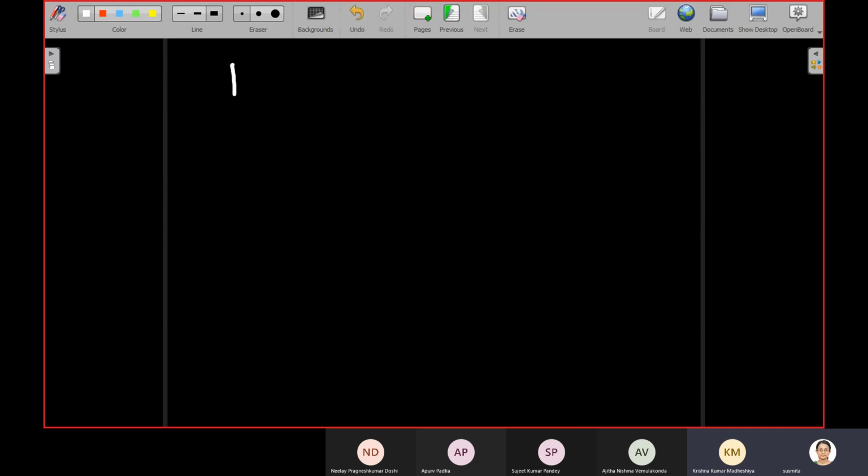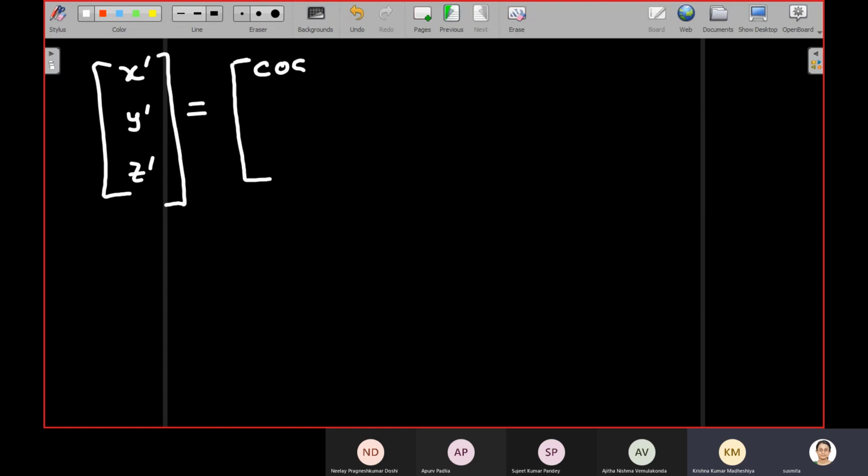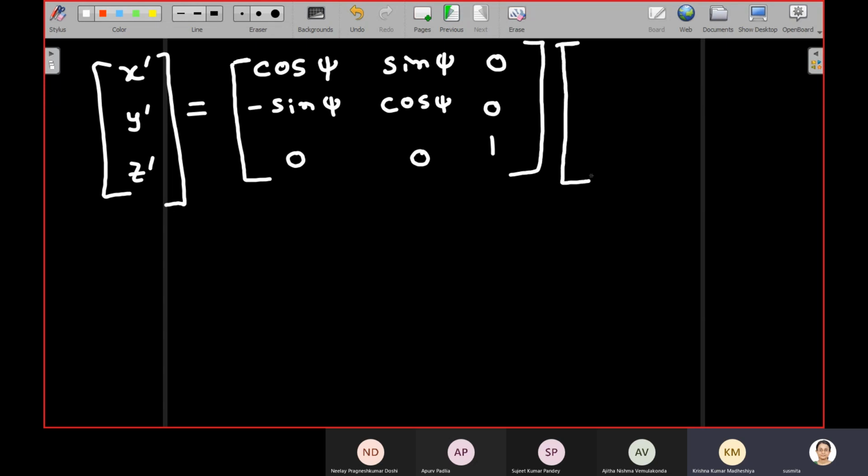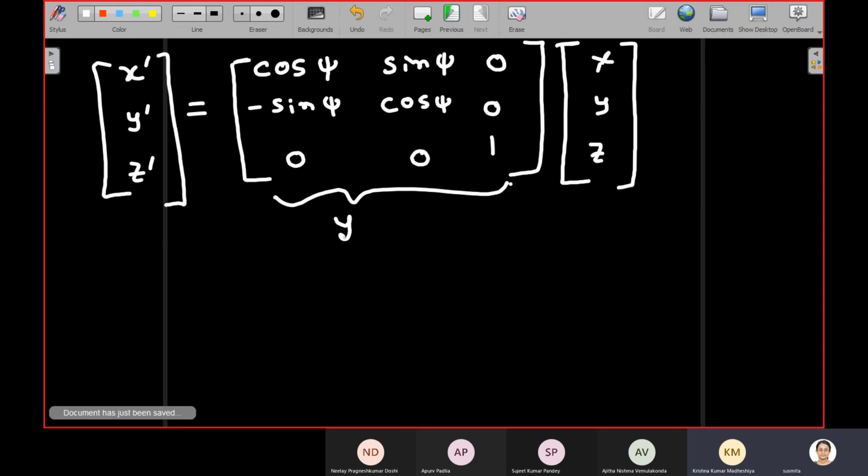So this is the coordinate transformation matrix for your rotation.